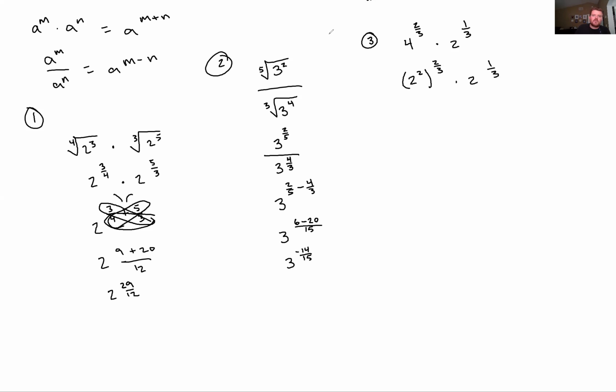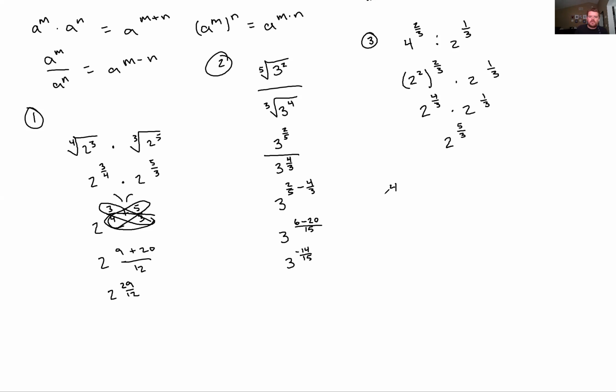And then using my power of a power rule, again, as a refresher, if I have a power raised to another power, that rule is to keep the base and multiply the exponents. So here, 2 times 2/3, that would give me 2 to the 4/3 power. And now that the bases are the same, now I can add the exponents. So 4/3 plus 1/3, that gives me 2 to the 5/3.